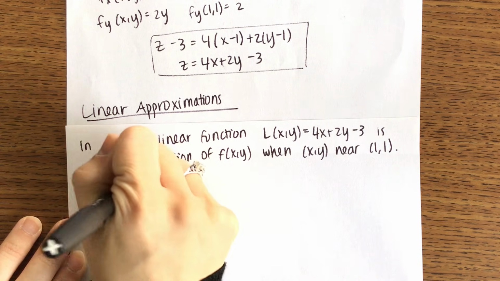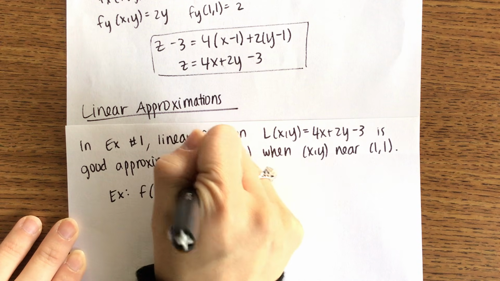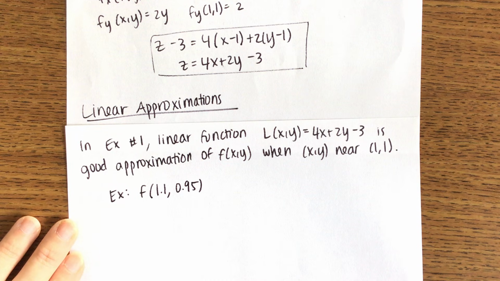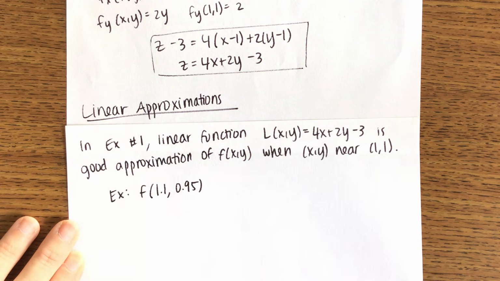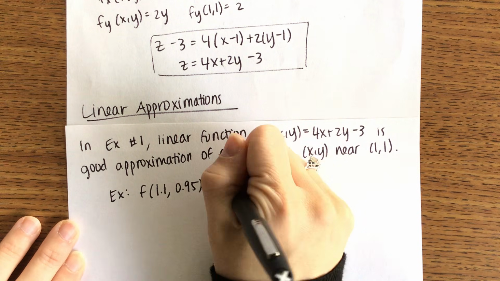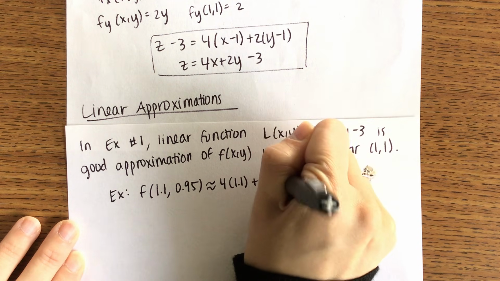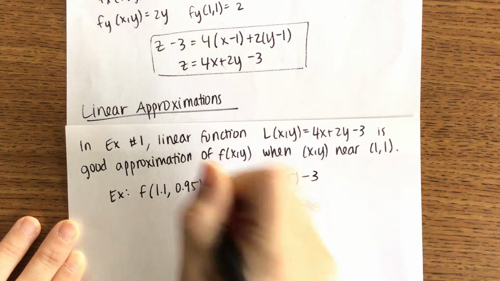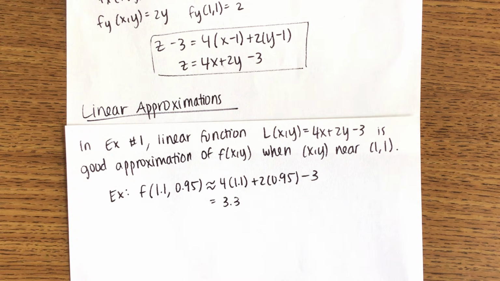For example, if I wanted to approximate f of 1.1 comma 0.95, that point is pretty close to 1, 1, so I could plug it into that tangent plane that I got. So it would be 4 times 1.1 plus 2 times 0.95 minus 3, which is actually 3.3.